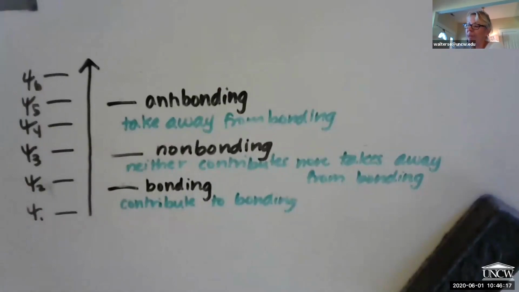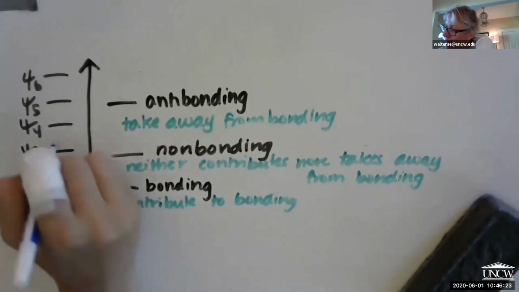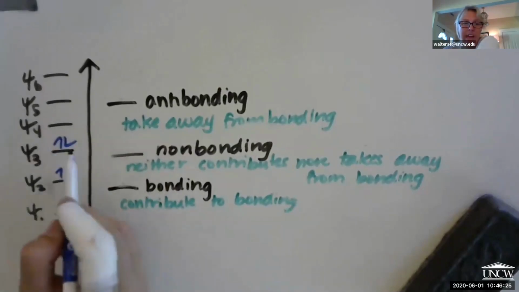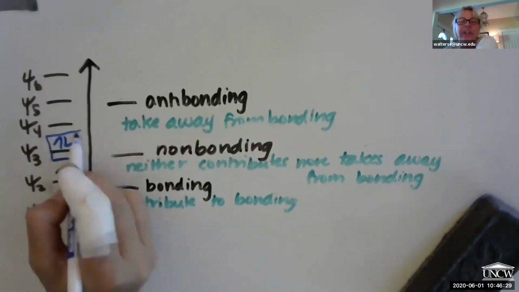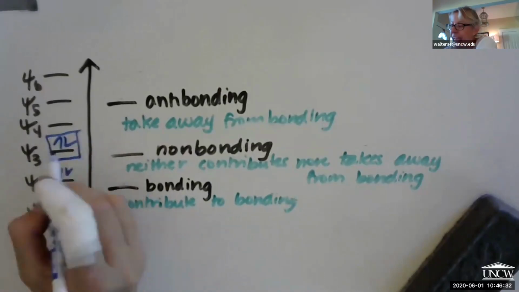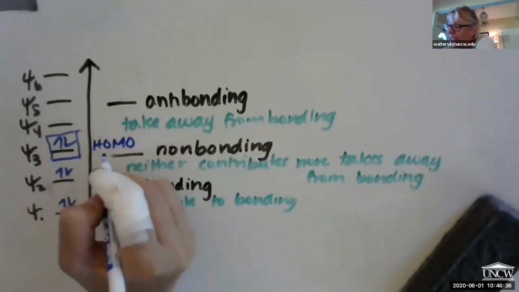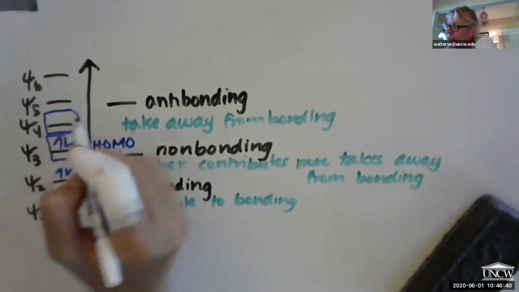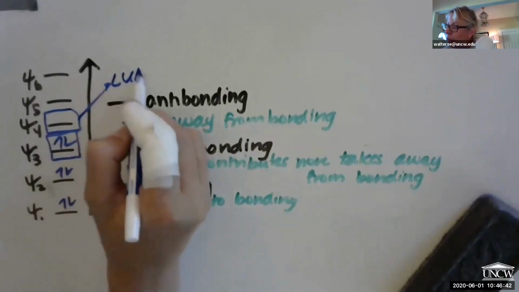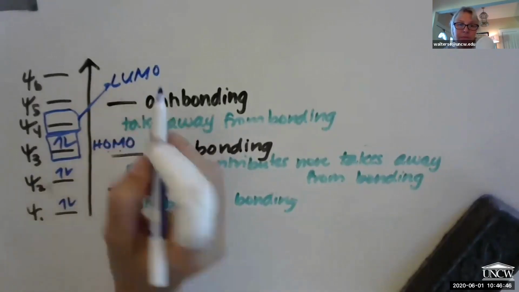Regardless of how many you have, the highest energy molecular orbital that has electrons is called the HOMO, highest occupied molecular orbital. The one right above it is called the LUMO, the lowest unoccupied molecular orbital.